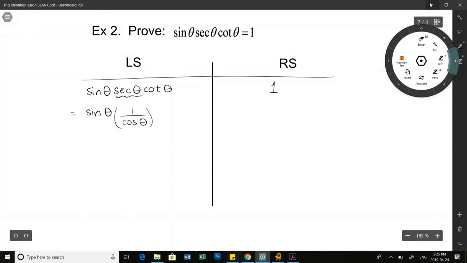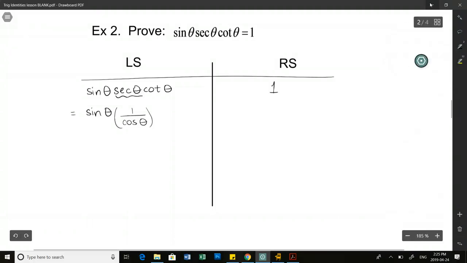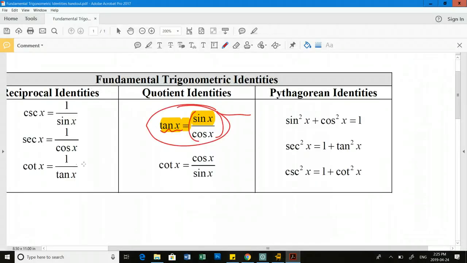Okay, how about cotangent? Can somebody find something on their sheet that we can use for cotangent? What do you think, Sam? 1 over tan x. So that's an option. Cos x over sine x. I will tell you guys, I rarely use this identity right here, because if I'm trying to get everything in terms of sine and cosine, this is probably my more effective identity, right?